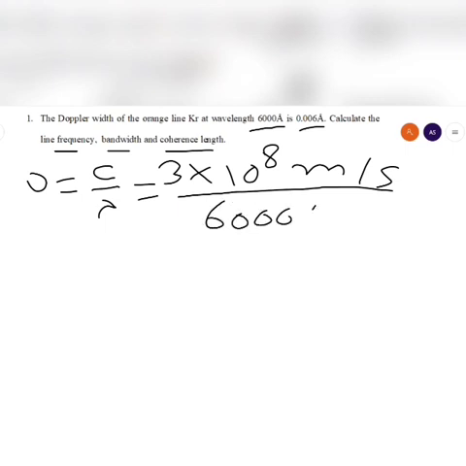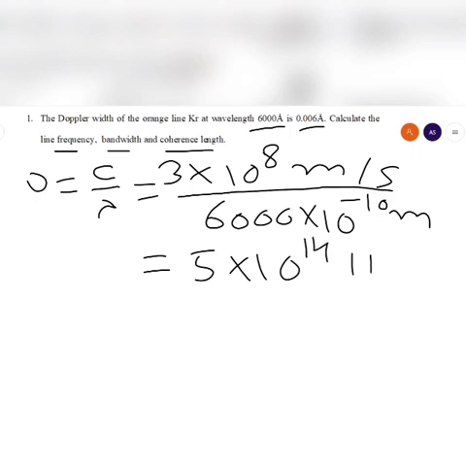6000 into 10 to the power minus 10 meter. Then the value of mu you will get is 5 into 10 to the power 14 hertz. You know delta mu is equal to mu delta lambda upon lambda.